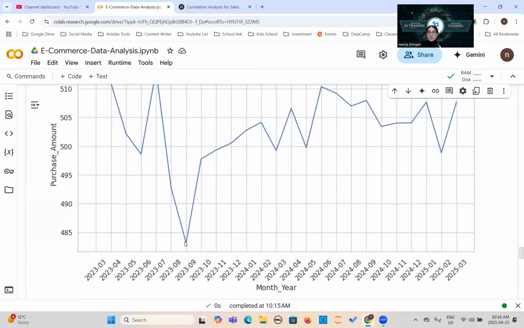Then there is a very huge fall in this month. So it will give your stakeholder the idea about which month sales are falling down and what the reason is. He can look into this. People are spending less money, but the rest are okay, though the trends go very up and down, right?